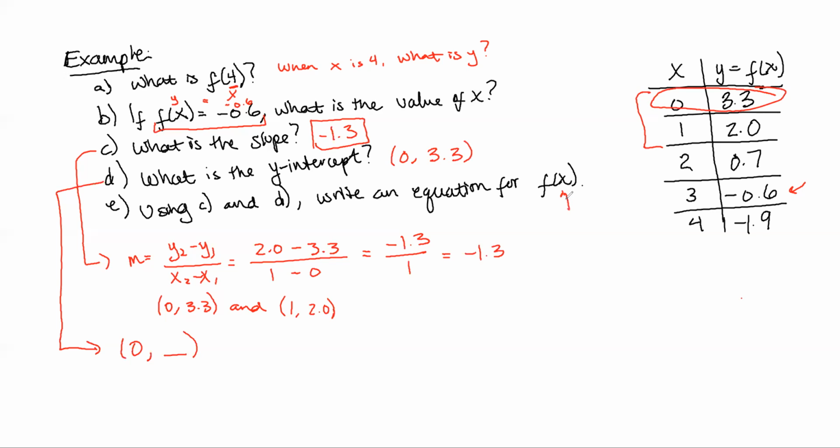For this part, remember that in slope-intercept form, we have f of x equals mx plus b. Now I'm going to let you guys do this part, but remember m is our slope. We got that from part C. And b is our y-intercept, which we got in part D. So you're just going to plug those in. Make sure you have an f of x in the front instead of a y.